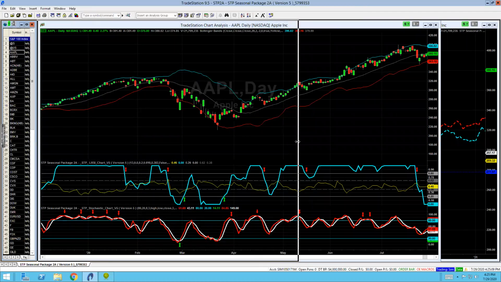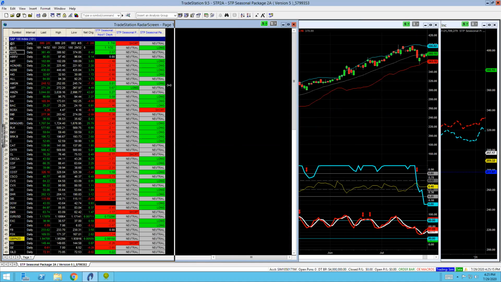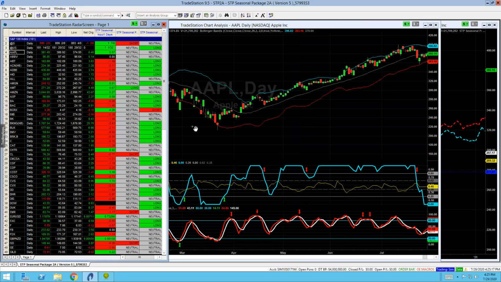Okay, so let me hide that. Let me move the charts over here so that now we can focus on the radar screen. This is one of the huge advantages, in my opinion, the radar screen of TradeStation. So I just brought up the S&P 100. So I only wanted 100 up to show up for now.